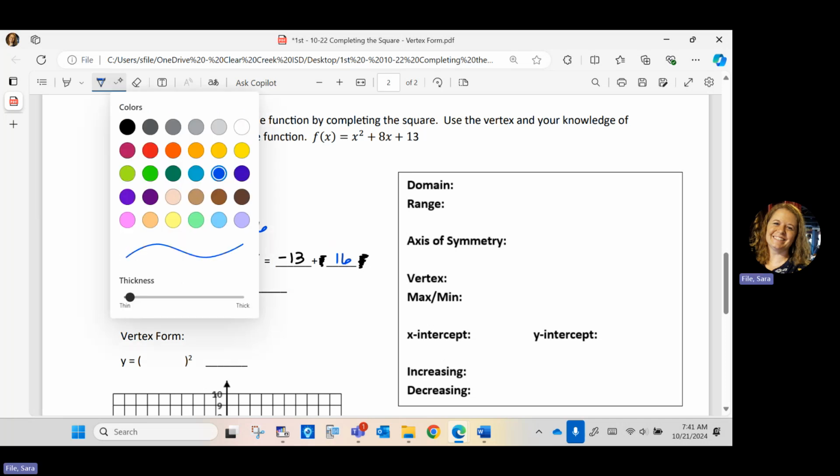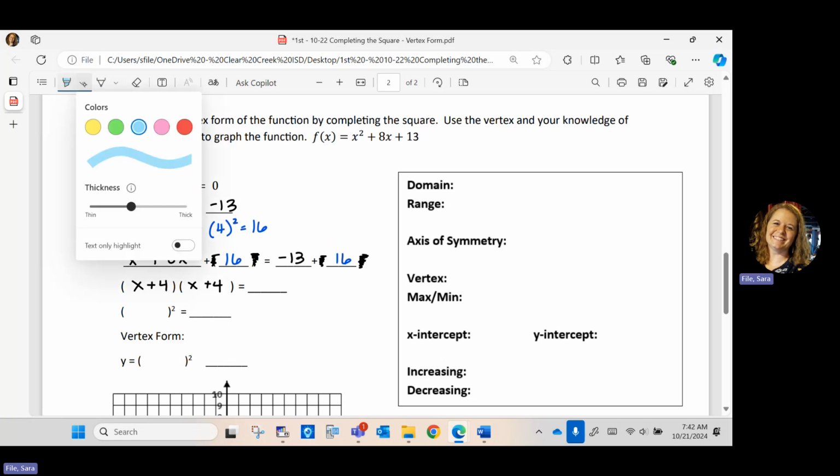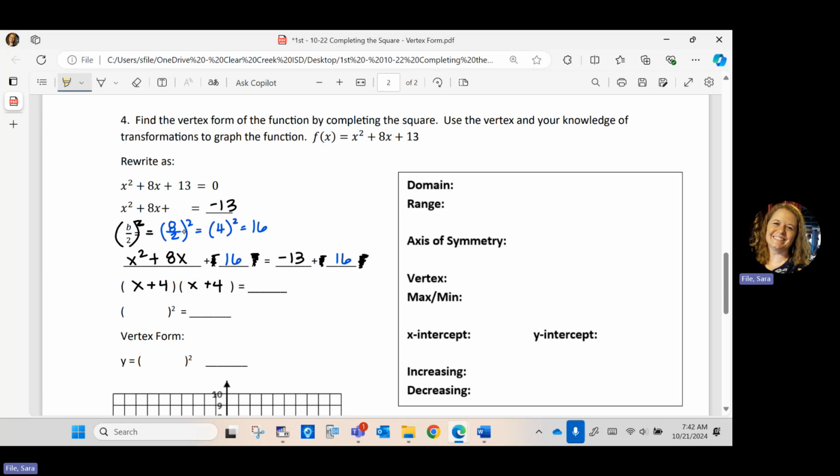When I go to factor this, what multiplies to 16 but adds to 8 is positive 4. Again, that came from half of b right here. So that is x plus 4 squared.